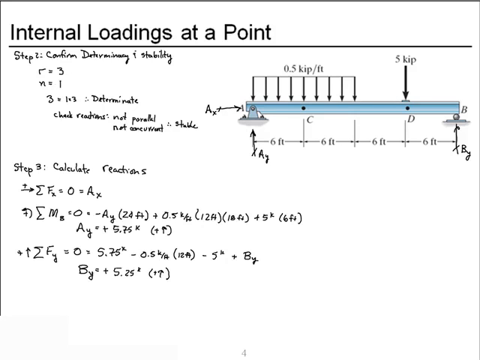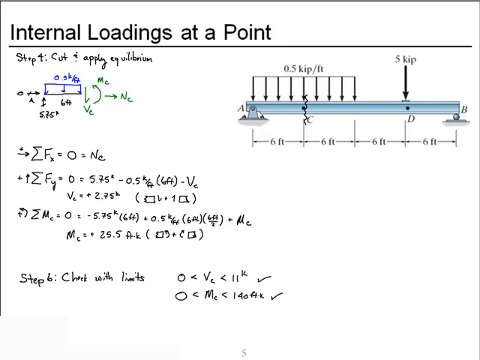We then confirmed that our beam is determinate and stable. We applied equilibrium to calculate the reactions. And we cut the structure at C and applied equilibrium to the left piece. We found that the normal force at C is 0.